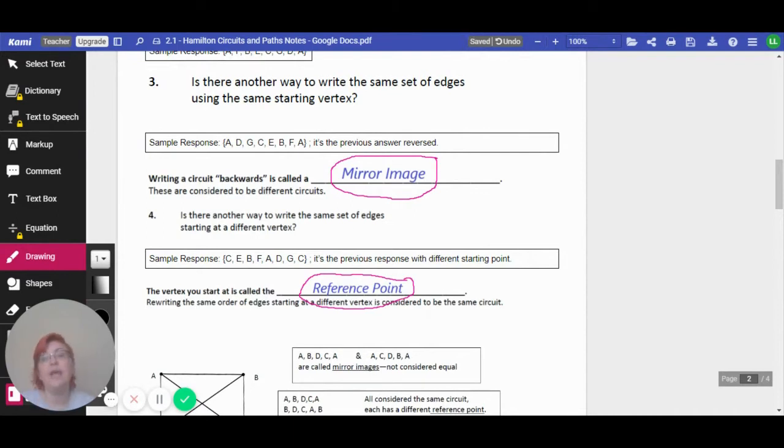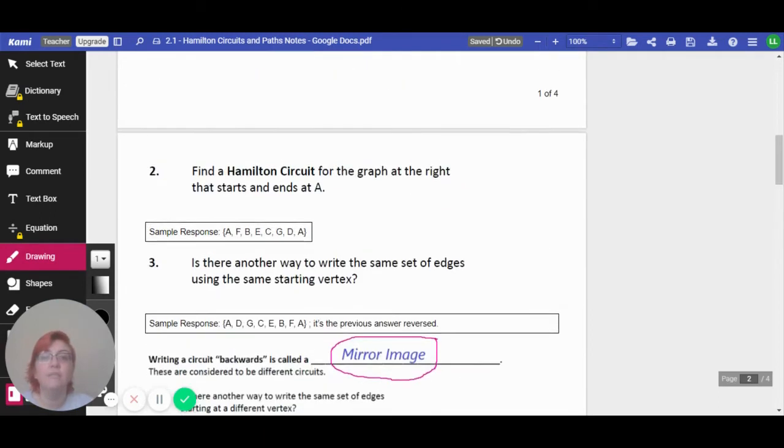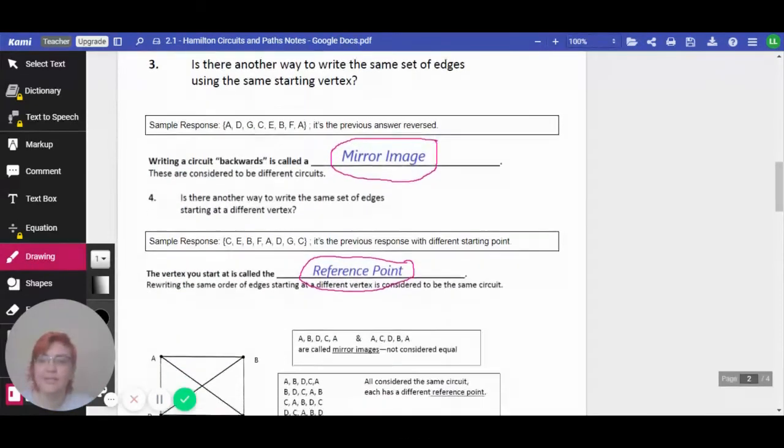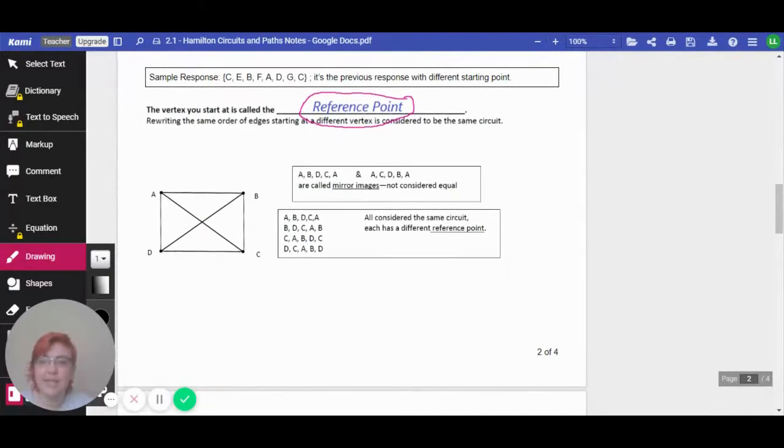Rewriting the same order of edges, even though we'd be starting from a different vertex, is considered the same circuit, because I didn't change that circuit at all. I just changed the starting point. Maybe I want to start at E. ECGDAFBE or EBFADGCE. Same circuit.